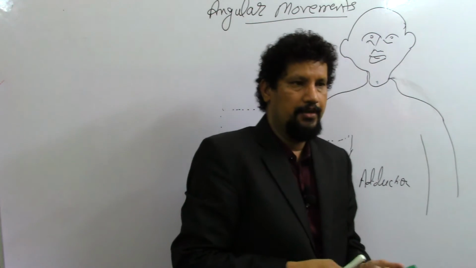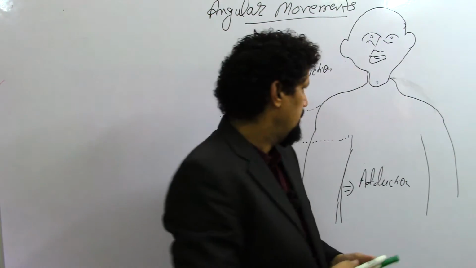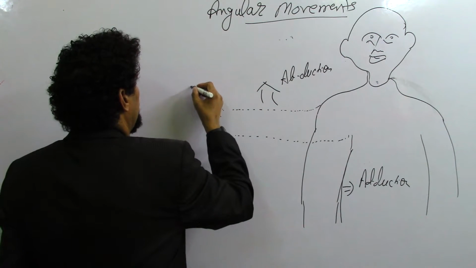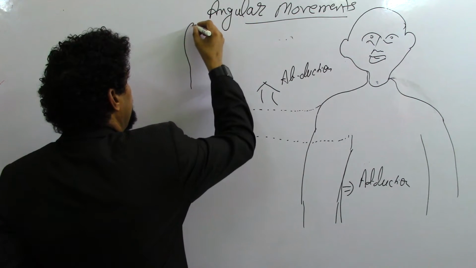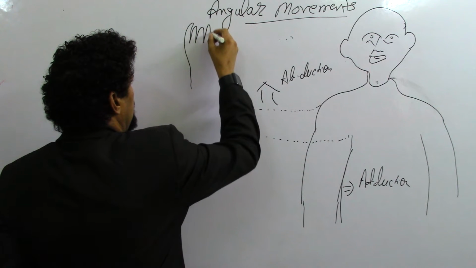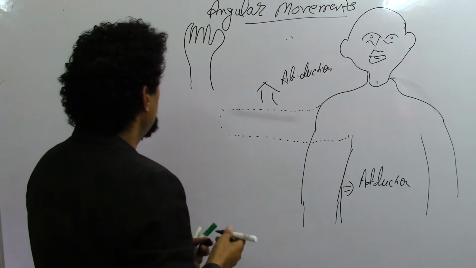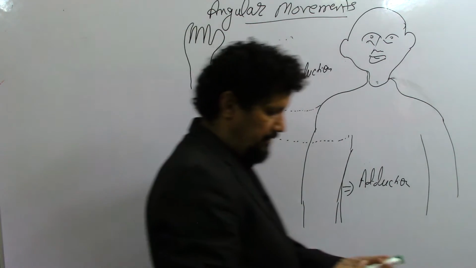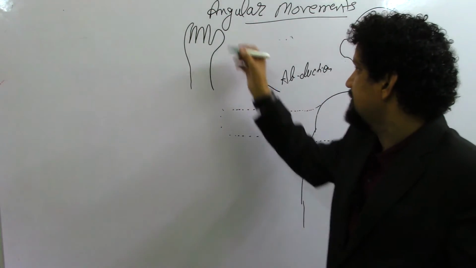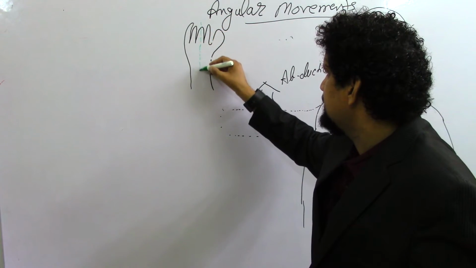In case of the fingers and the toes, these are used in relation to the, in the upper limb, the middle finger, which is having the axis of adduction and abduction.